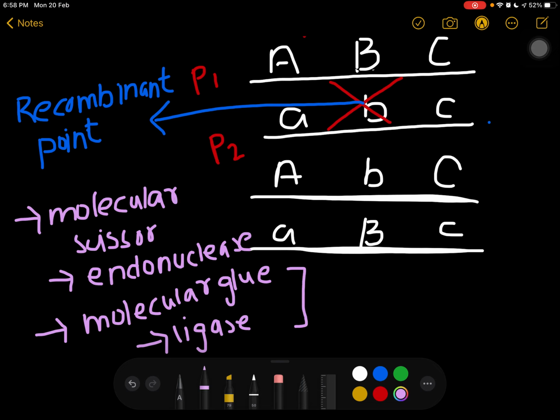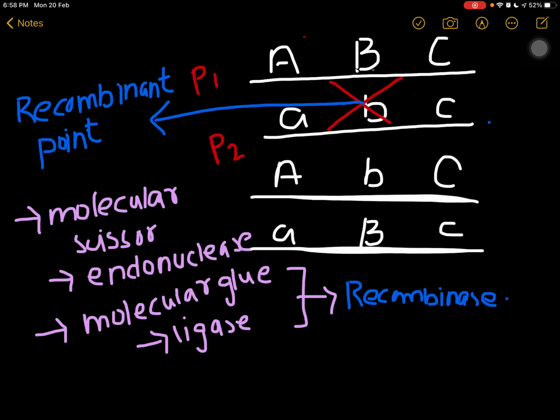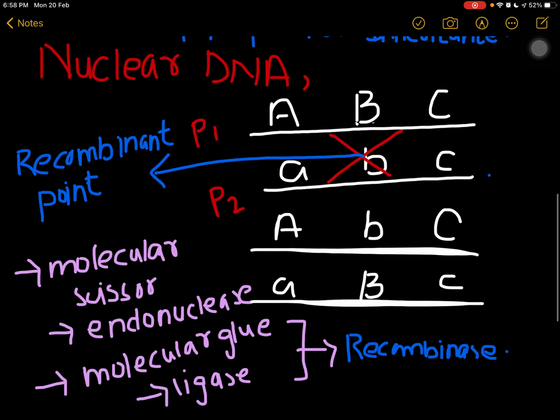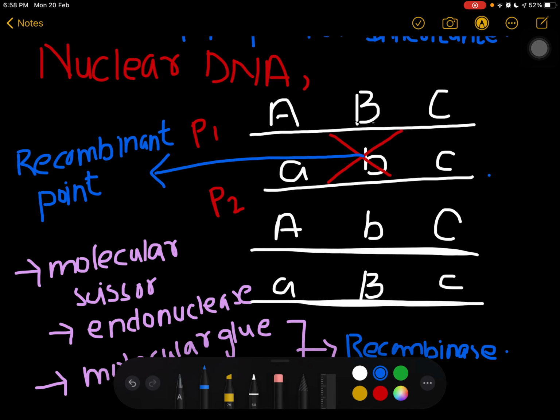Collectively this molecular scissor and molecular glue are known as recombinase. So by using this recombinase, there will be recombination of these two genes which have arrived from parent 1 and parent 2.